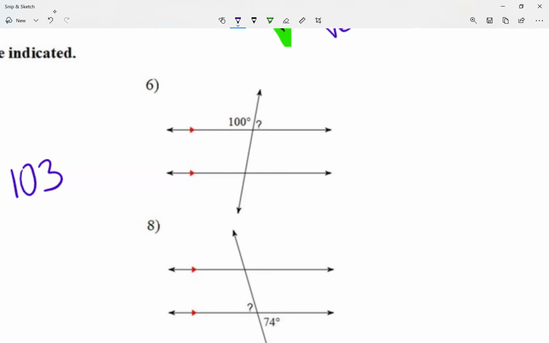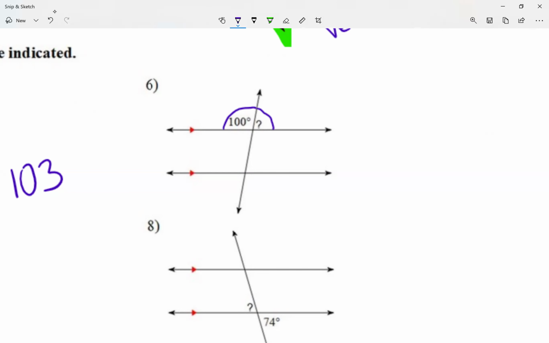When it comes to adjacent angles, one thing that I can see here, this is 100. Here's the other angle. I have it called a question mark right now. Interesting part is when I see them, they seem to create half of a circle. I know an entire circle is 360. So I'm going to say half of a circle is 180. Adjacent angles, because they create half of a circle.